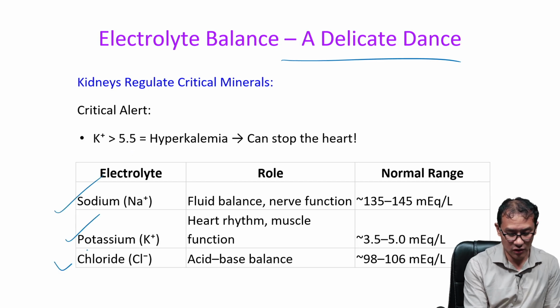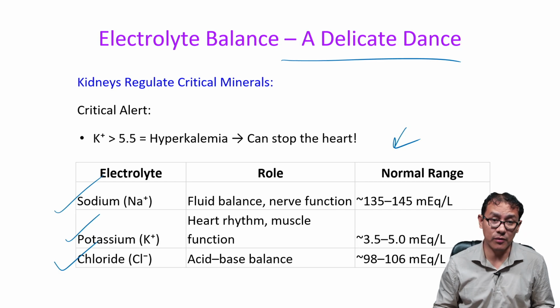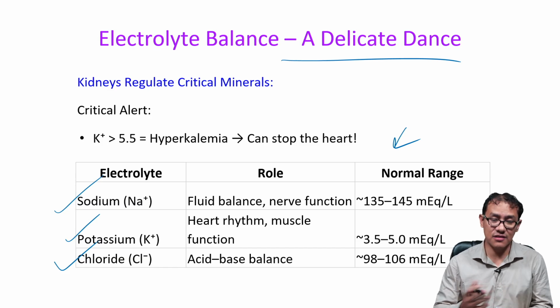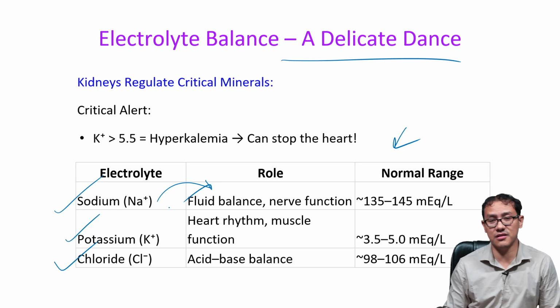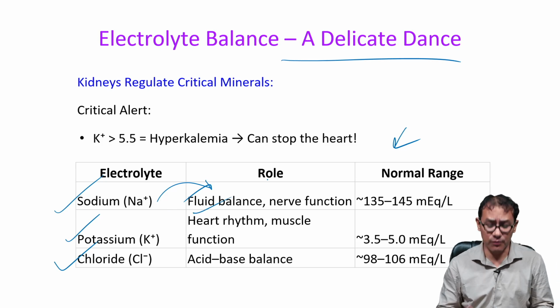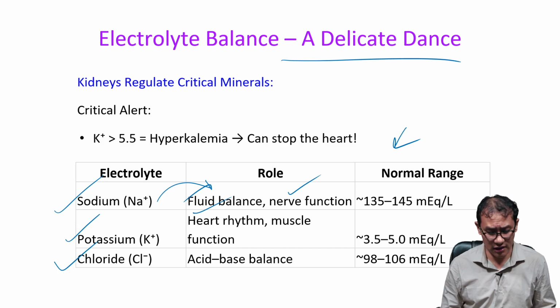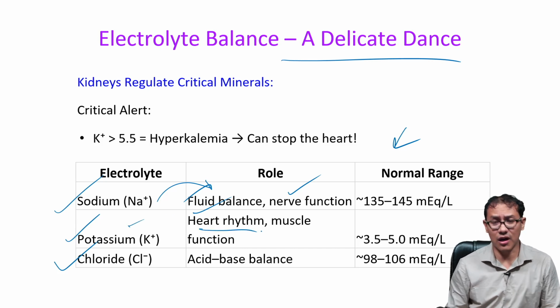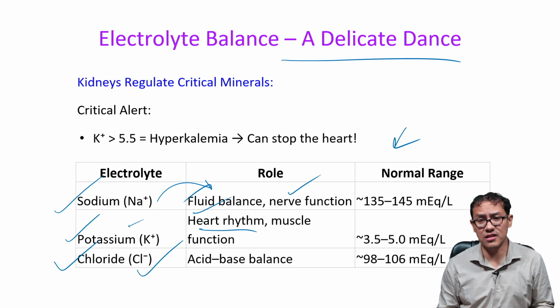Sodium, potassium and chloride we have to measure with proper blood investigation. By assessing sodium, we can tell about fluid balance, and it is important for nerve function and many other things. Potassium is important for proper heart rhythm and muscle function, and chloride is related to acid balance.